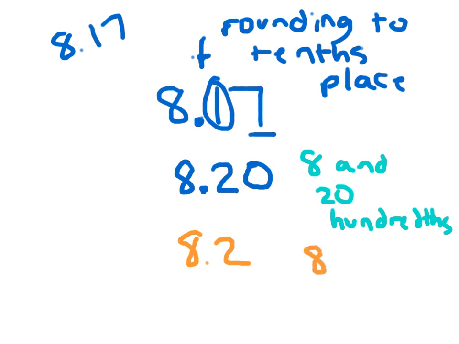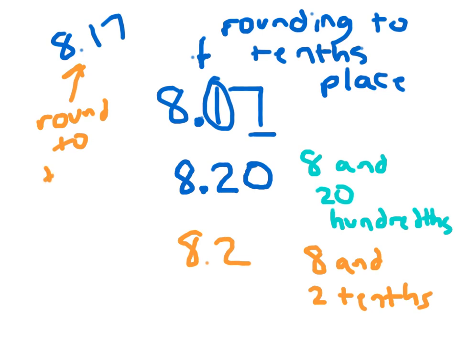Now we have a tenths number: 8 and 2 tenths, which makes more sense, because their original instruction was to round to the tenths place. So 8 and 17 hundredths rounded to the nearest tenth is 8 and 2 tenths.